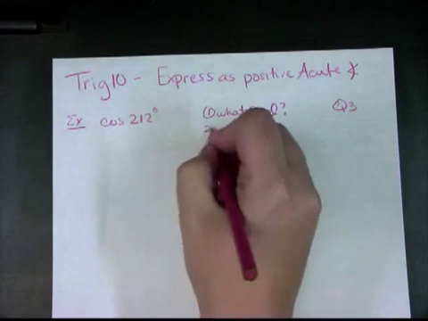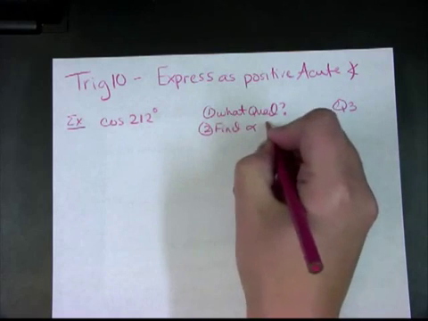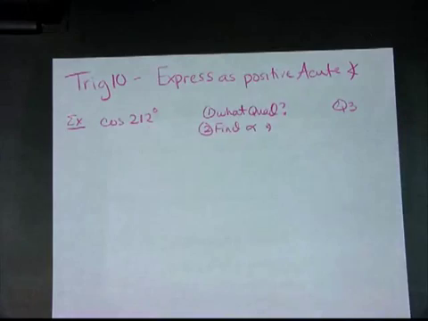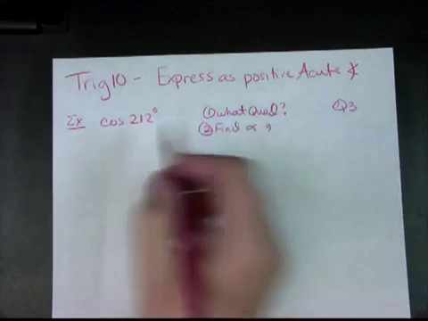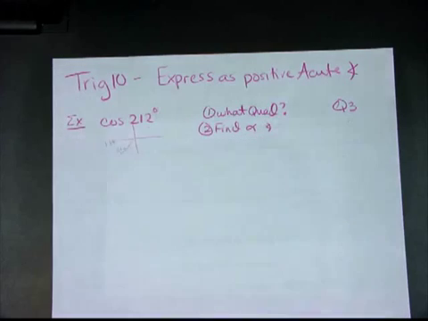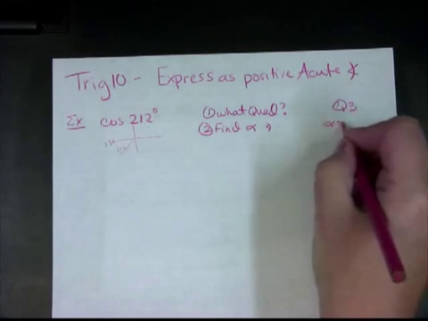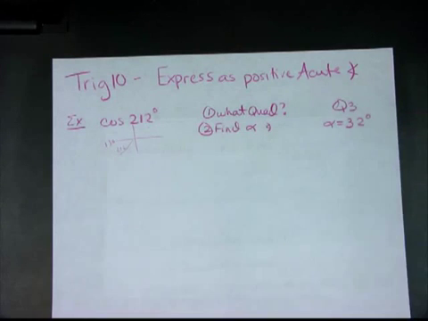Then you need to find the reference angle. At 212 in quadrant 3, I'm nearest the 180, so I would subtract that and say that the reference is 32 degrees.